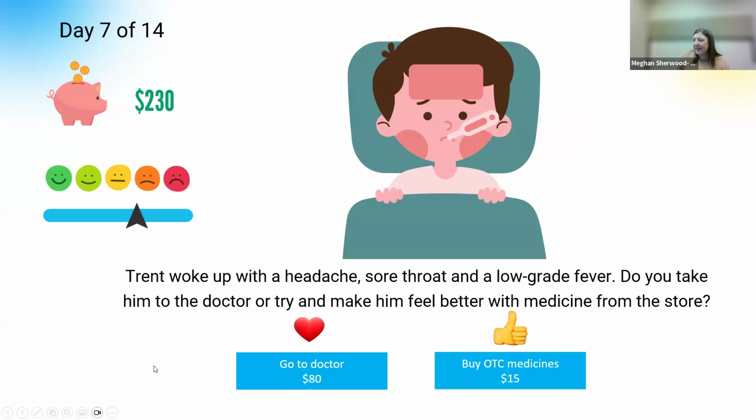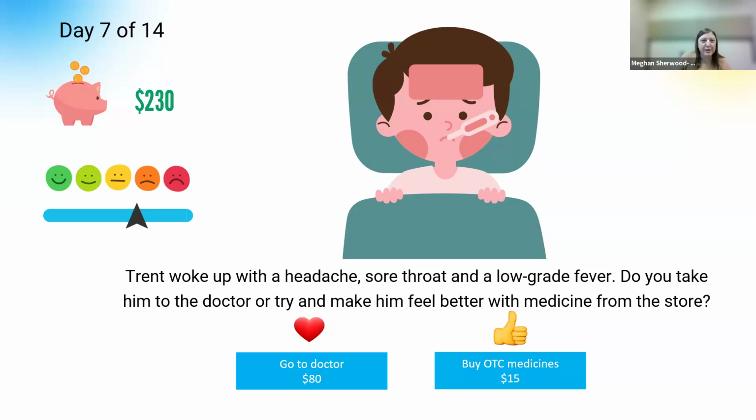Okay, so unfortunately, Trent woke up with a headache, a sore throat, and a low-grade fever. Do we want to take him to the doctor and see what's going on? Or are we thinking that maybe some over-the-counter medicines can help Trent?